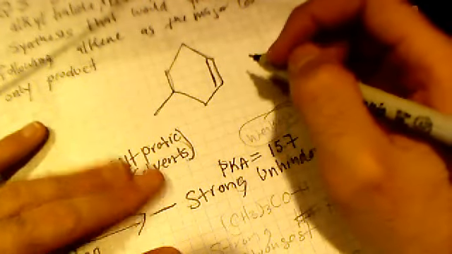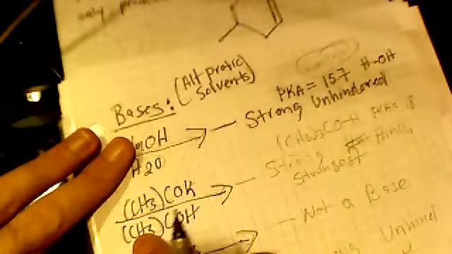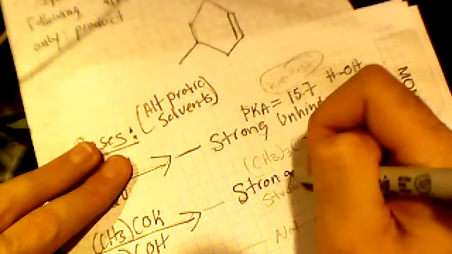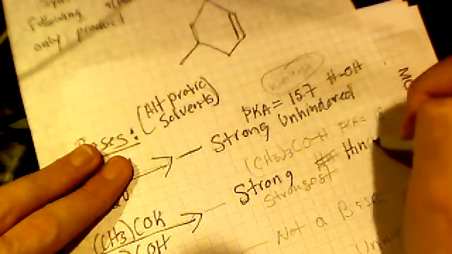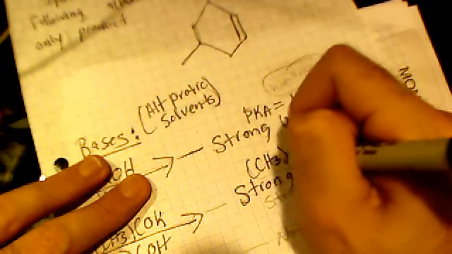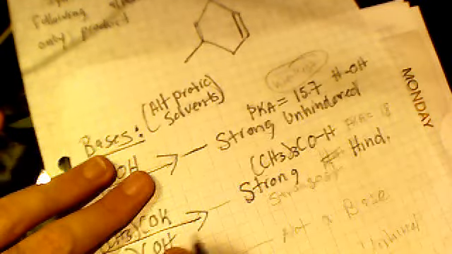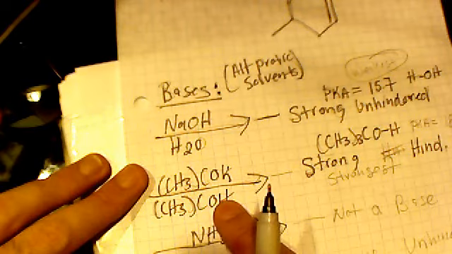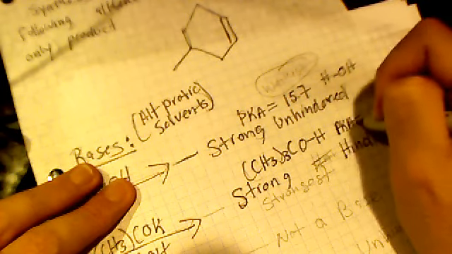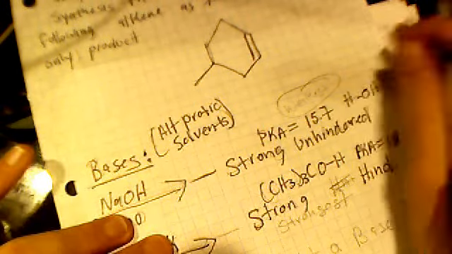Potassium terbutoxide is a strong, hindered base, and the acidity of its hydrogen, the one that would be attached to terbutoxide, has a pKa of 18, which means that it's less acidic than the hydrogen from the hydroxyl group.